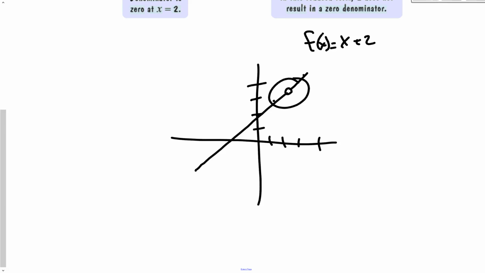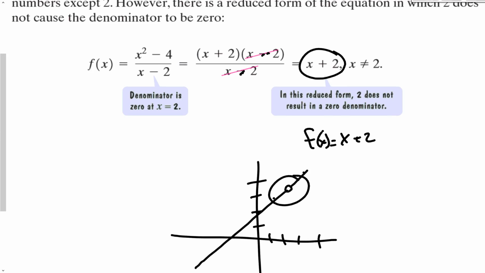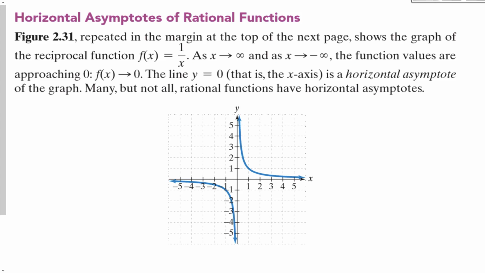And this function is still not continuous because technically you have to lift up your pen to make that circle. You cannot make this graph by continuously drawing a line. And it is called a hole, or again, a removable discontinuity, because I was able to cancel it out. I was able to remove it. Okay? That's vertical asymptotes.